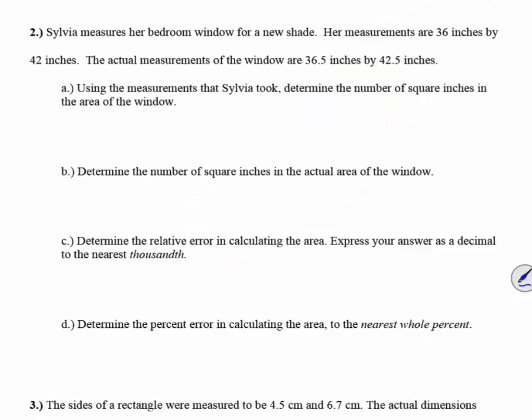All right, let's try another one. So Sylvia measures her bedroom window for a new shade. Her measurements are 36 inches by 42 inches. Right? Those are the M's. Her actual measurements are 36.5 and 42.5. Those are the A's. Using the measurements that Sylvia took, determine the number of square inches in the area of the window.